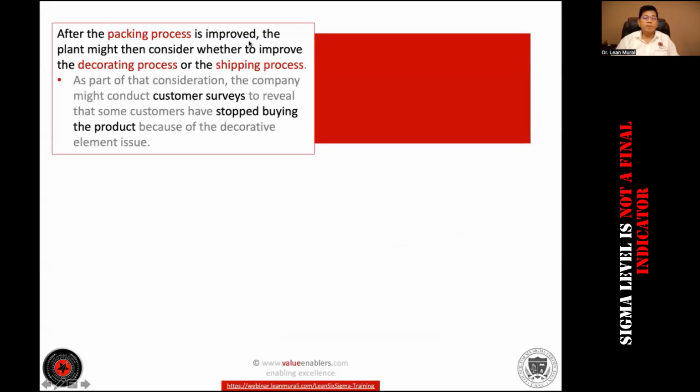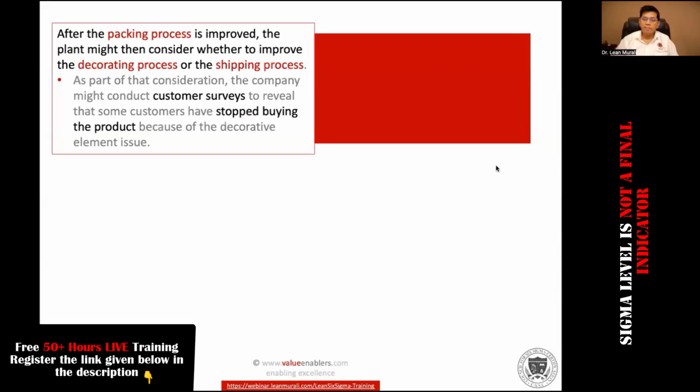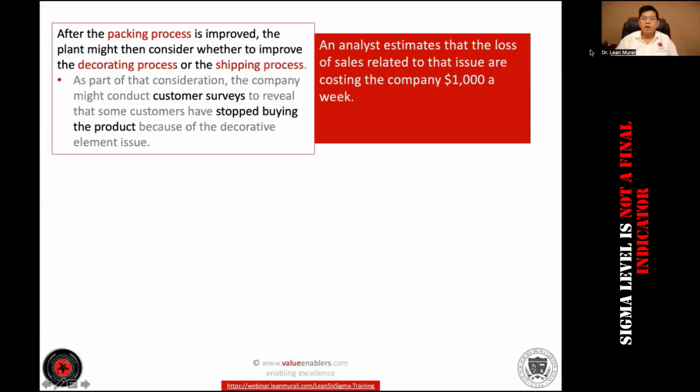After the packing process is improved, the plant might then consider whether to improve the decorative process or the shipping process. As a part of that consideration, the company might conduct customer surveys to reveal that some customers have stopped buying the product because of the decorative element issue. So the analyst estimates that the loss of sales related to that issue is, let's say, $1,000 a week.